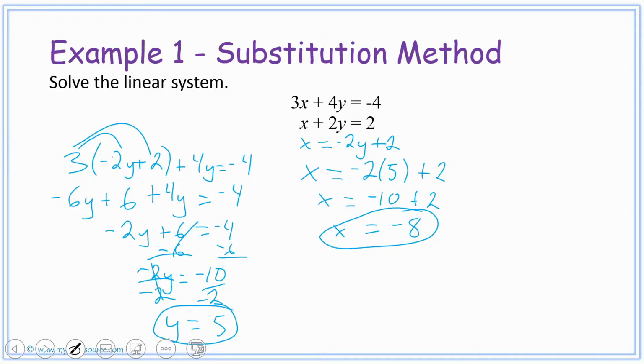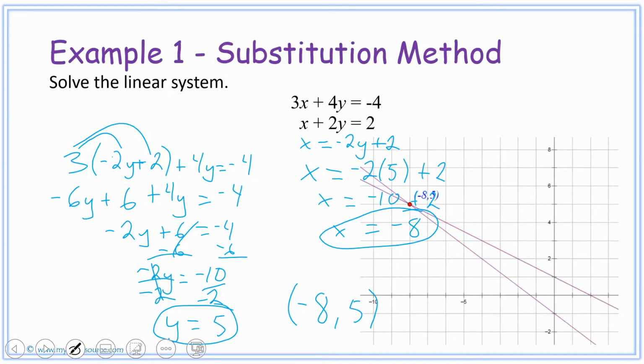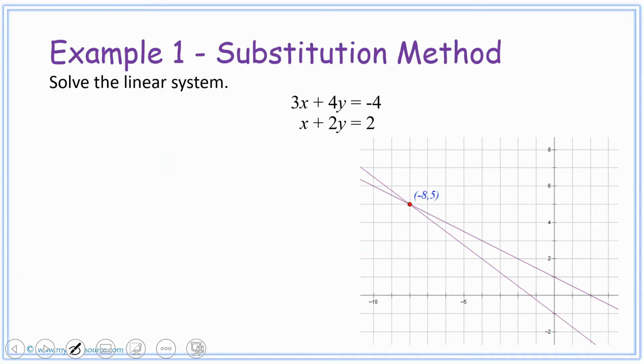All right, and so there we have it. The solution to this linear system is negative 8, 5. And if we were to actually graph this, if I erase everything there, we get our negative 8, 5. Our x is negative 8, and our y is 5.